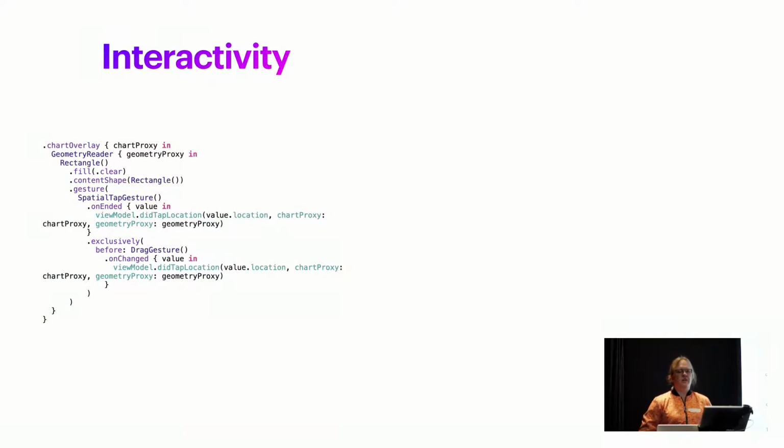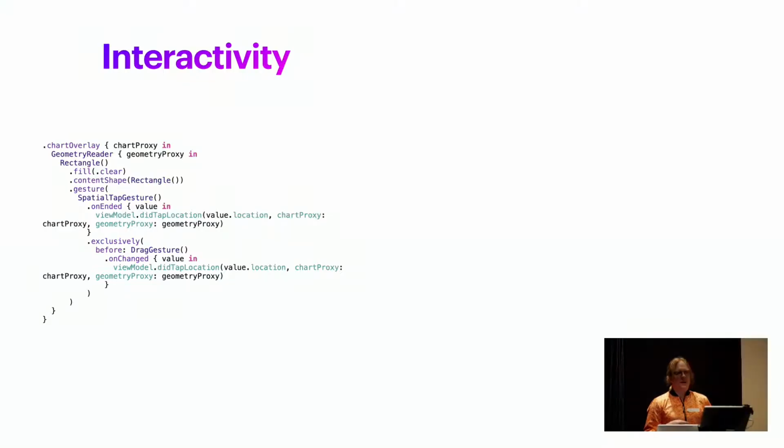Because we're dealing with an overlay, we then look at the entire rectangle that is there. Well, we want to put something over everything. So we use a rectangle, we make it clear, we make sure that the shape of it is a rectangle as well. And then we set up some tap gestures.